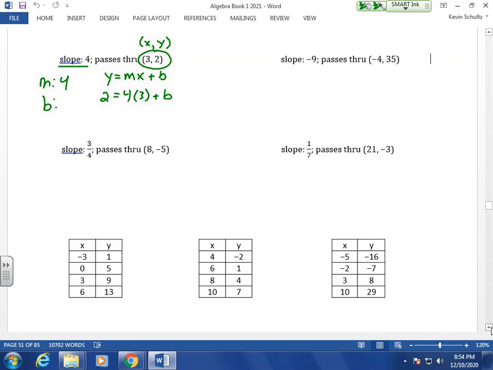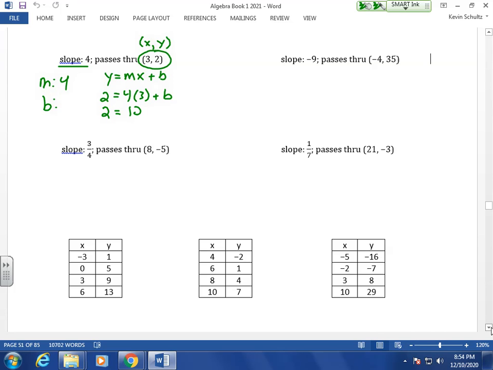And again, how I used this ordered pair here, 3, 2, was knowing that that ordered pair is on my line. It means that they are legitimate values. They're going to work for x and y. So I replaced the y variable with 2. I replaced the x variable with 3. I already know my slope is 4, and now I can solve for b.